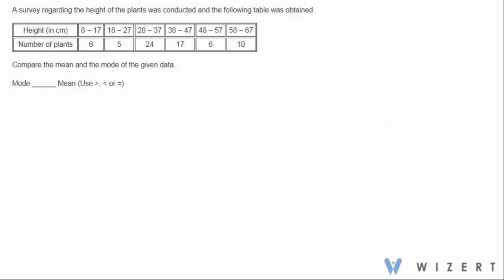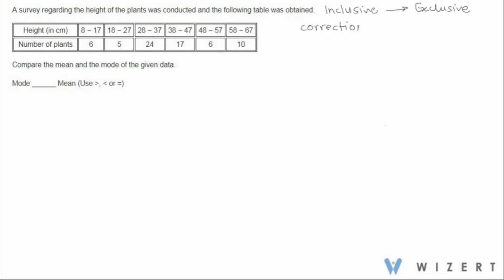So the first thing that we have to do is convert inclusive to exclusive classes, and to do that what we need is a correction factor.